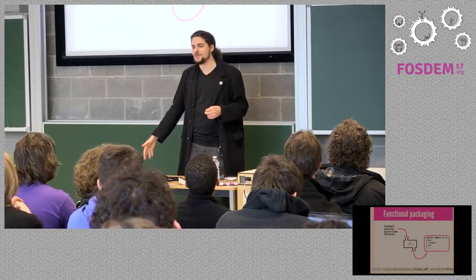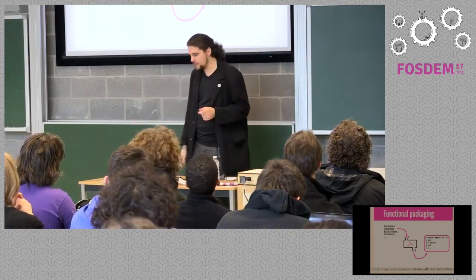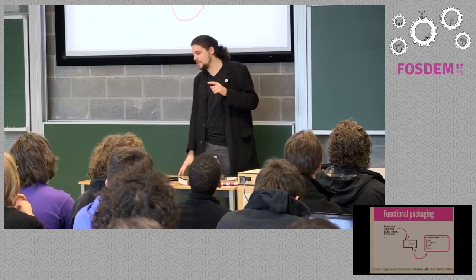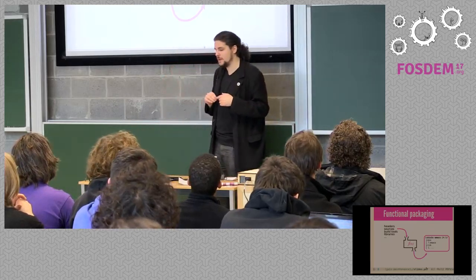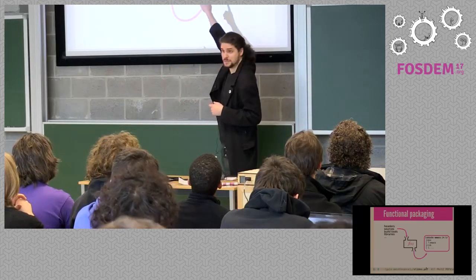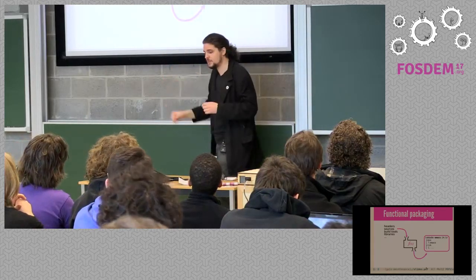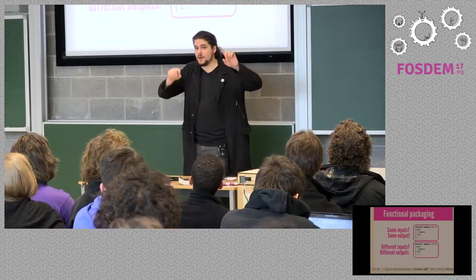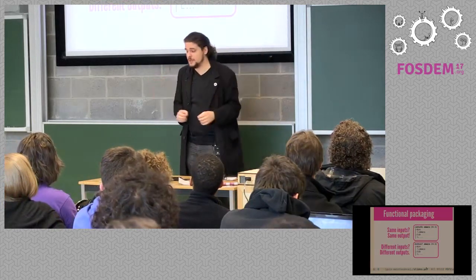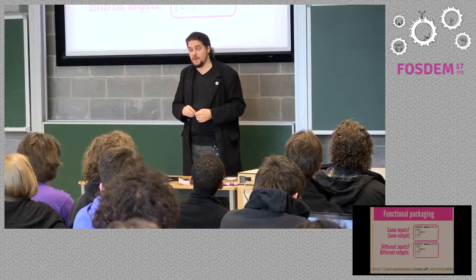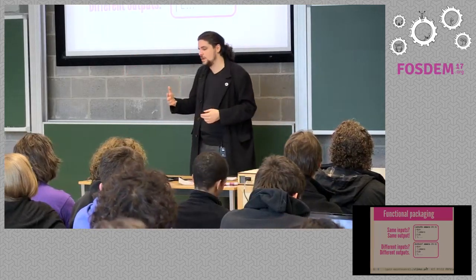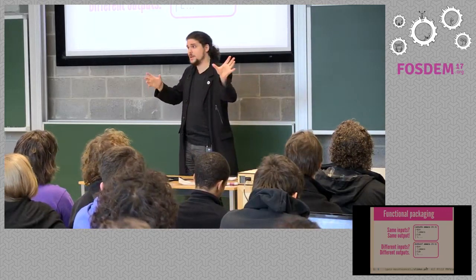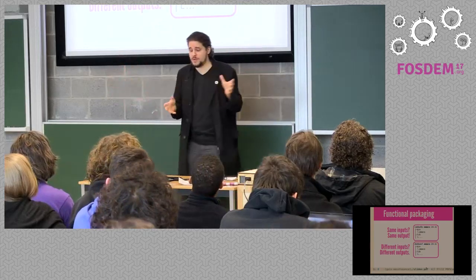Now one thing that I would like to stress here is that with functional packaging the target directory includes a hash of all the inputs, which means that if you change one input, and it doesn't matter which one and how far up the graph it goes, you will get a different output directory, which means that installing or building Emacs with this version of GCC is going to yield one output, whereas building Emacs with that other version of GCC will yield a different output.